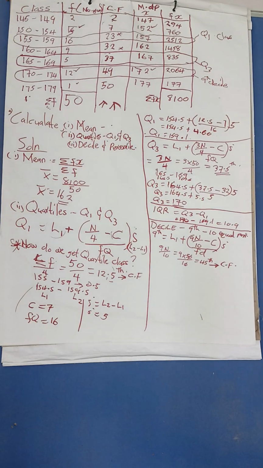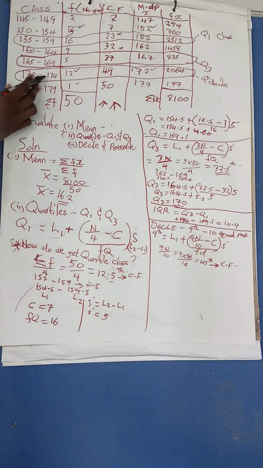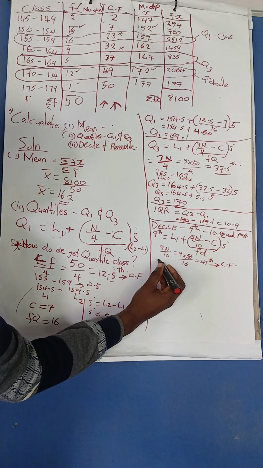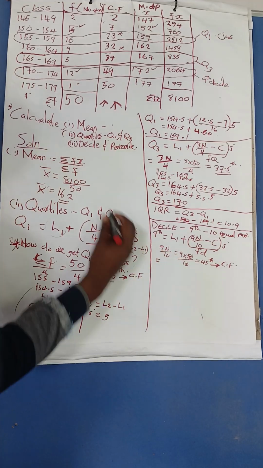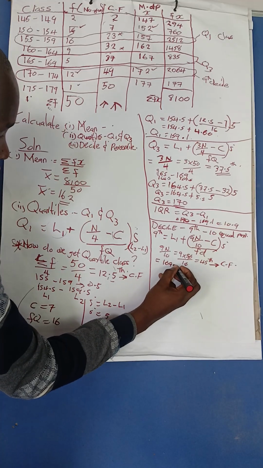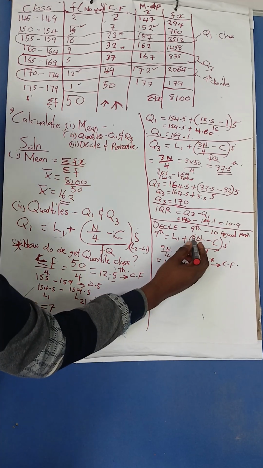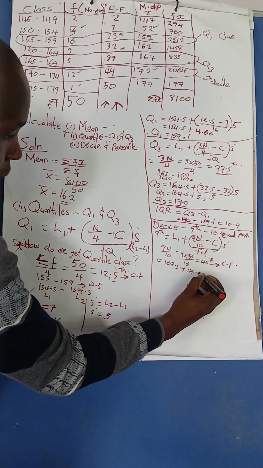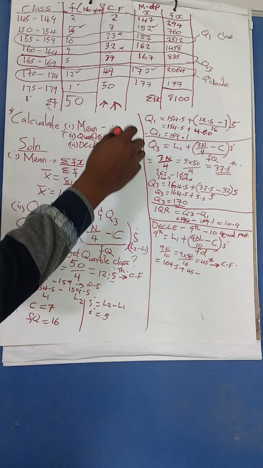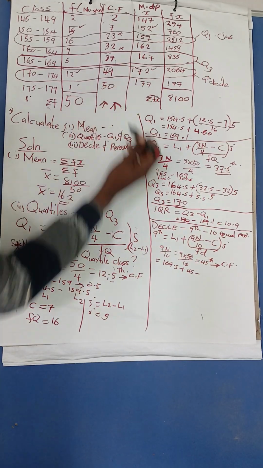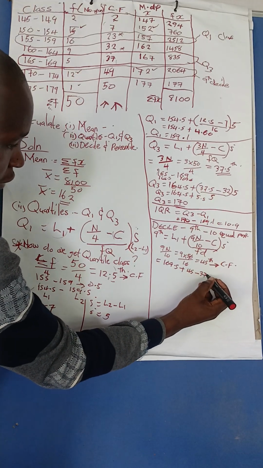Good. After you have known your class, you just pick the figures. We are working with the class of 170 to 174. Our L1 will be 169.5, plus 9n over 10, which we have gotten is 45, minus the cumulative frequency before the decile class, which is 37. You can even see it's 37.